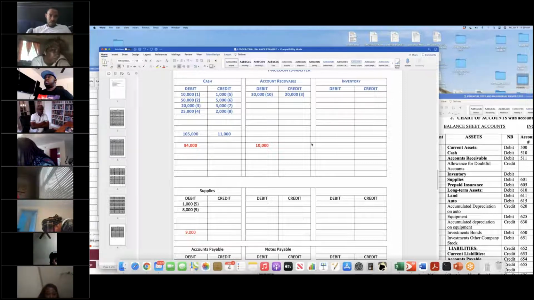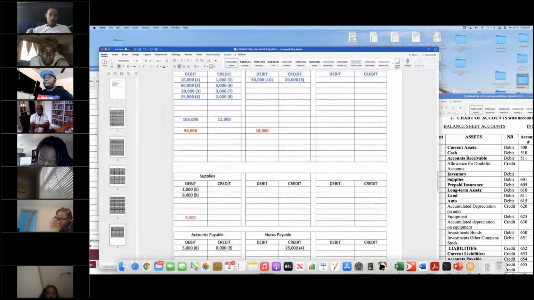Does the cash look okay? Yeah. And the accounts receivable. Roll down some more.